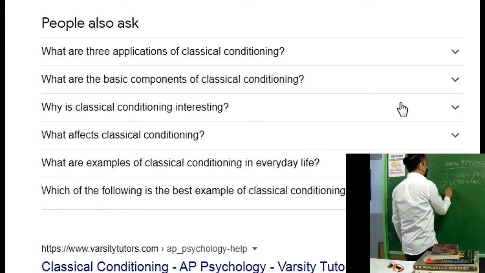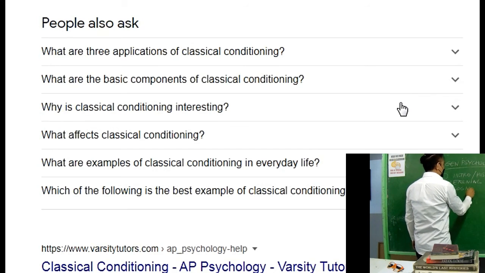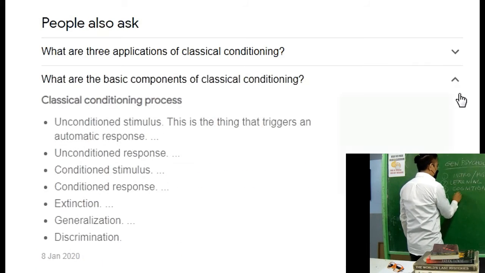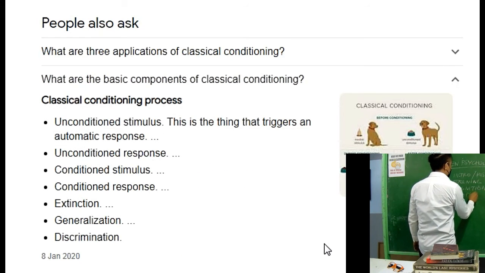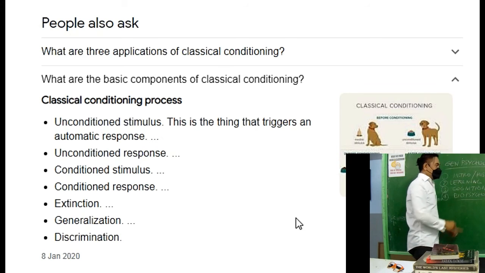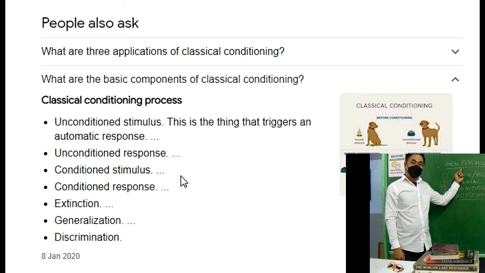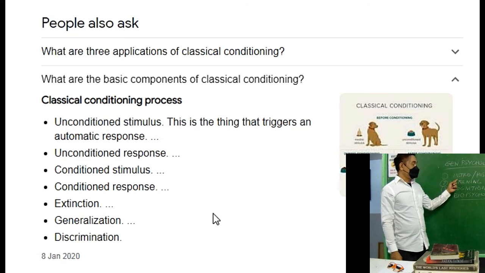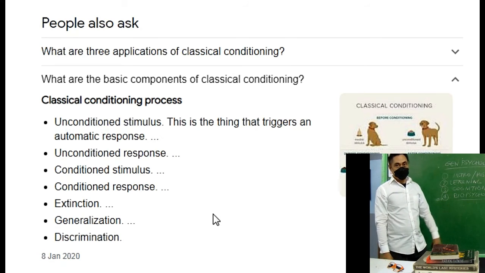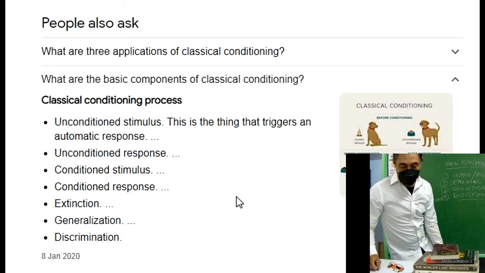Those are the applications of classical conditioning. And what are the basic components of conditioning? The basic components of the conditioning process are these: unconditioned stimulus, unconditioned response, conditioned stimulus, conditioned response, extinction, generalization, and discrimination.